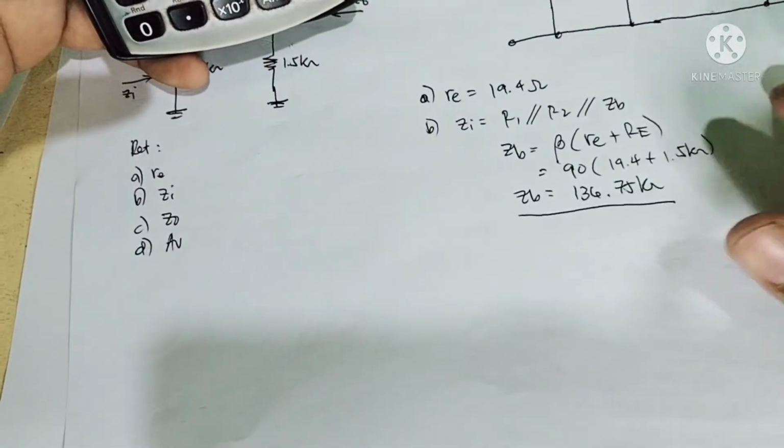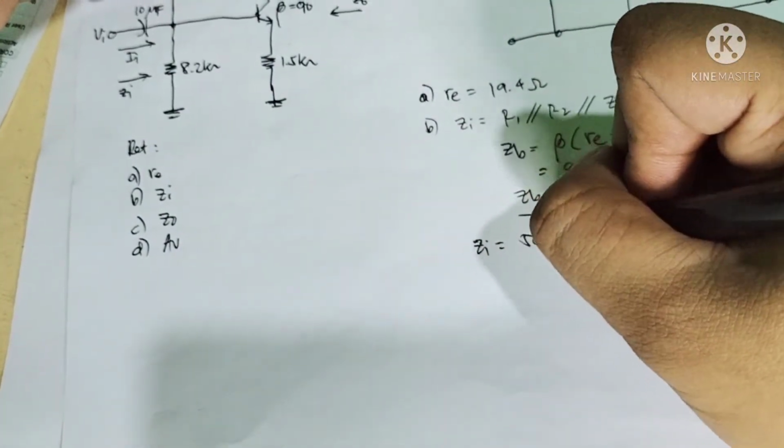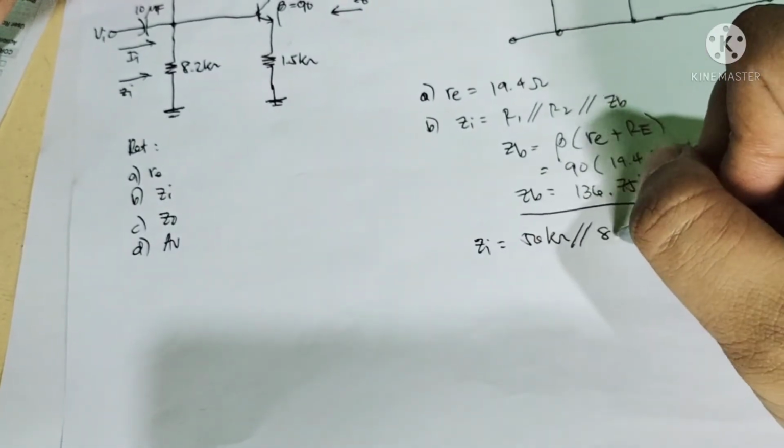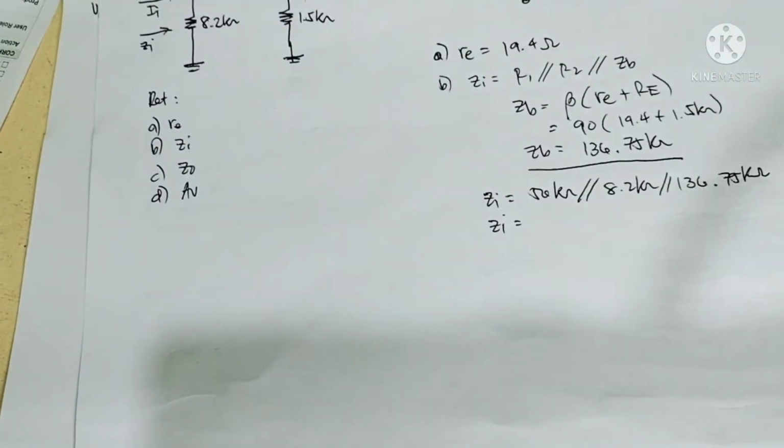kiloohms. And then the input impedance is equal to 56 kiloohms parallel with 8.2 kiloohms parallel with 136.75 kiloohms. So the input impedance is 1 over 1 over 56K plus 1 over 8.2K plus 1 over 136.75 kiloohms.